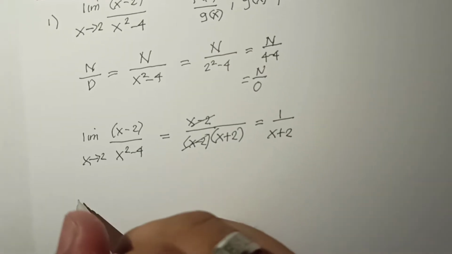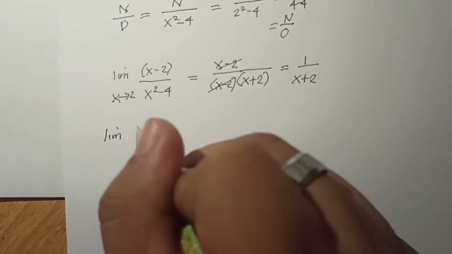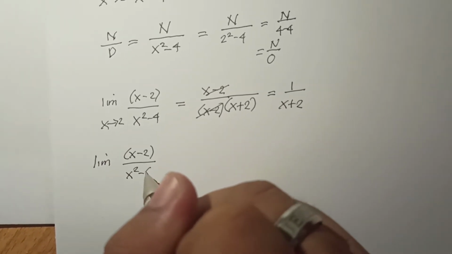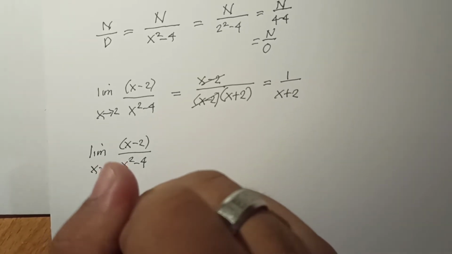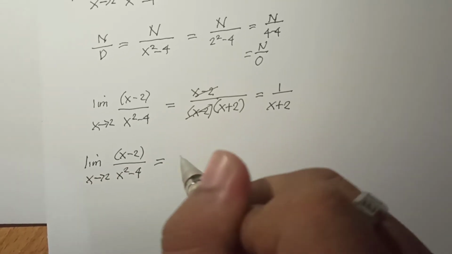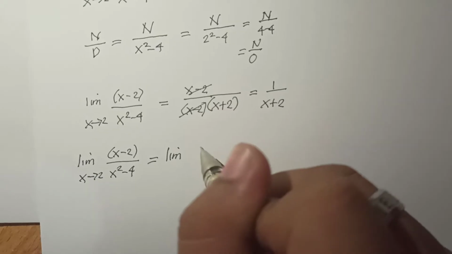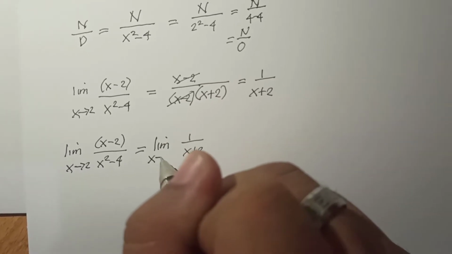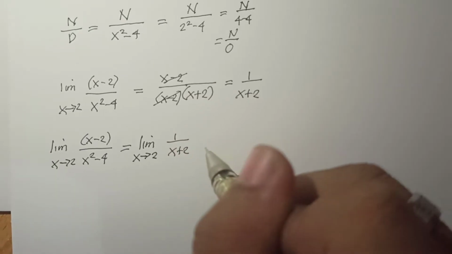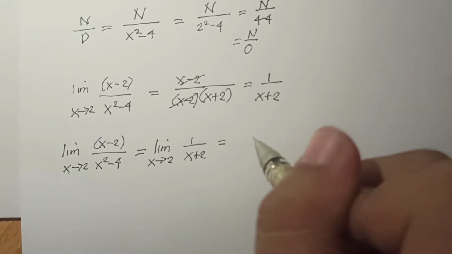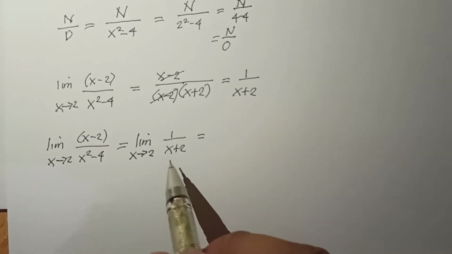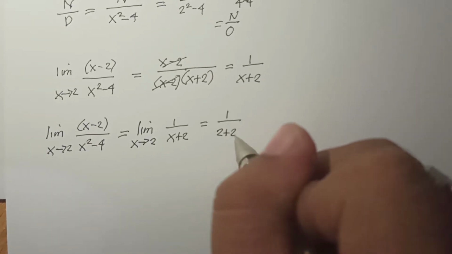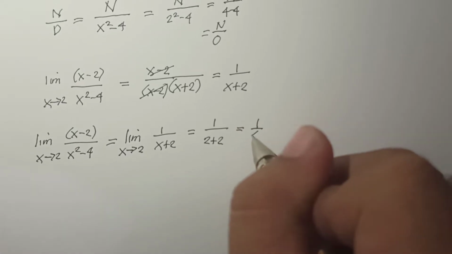So the limit of x minus 2 over x squared minus 4 as x approaches 2 is equal to the limit of 1 over x plus 2 as x approaches 2. If we substitute this, since it will not equate to 0, we get 1 over 2 plus 2, therefore 1 over 4.